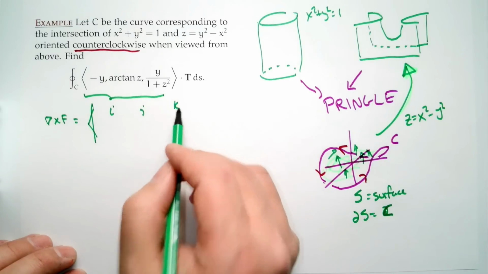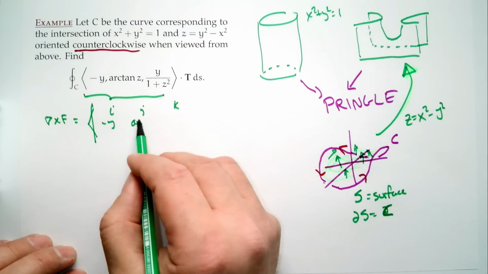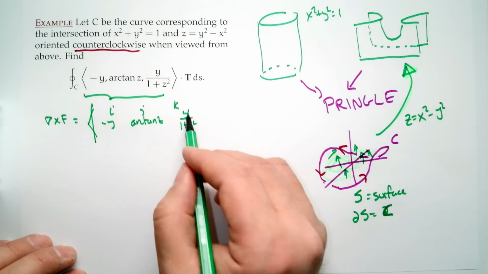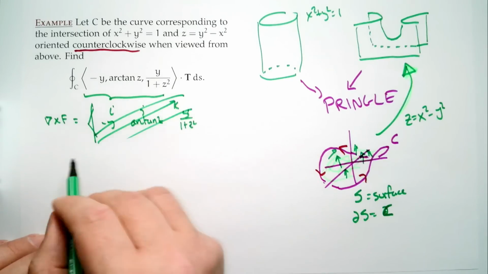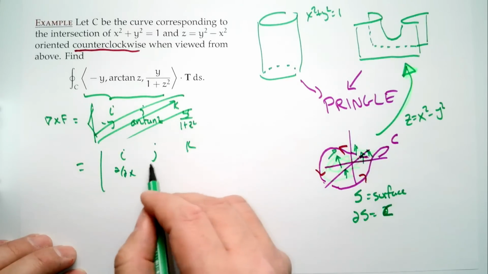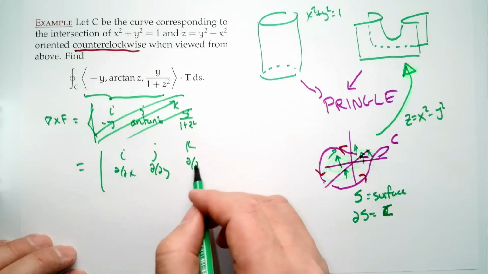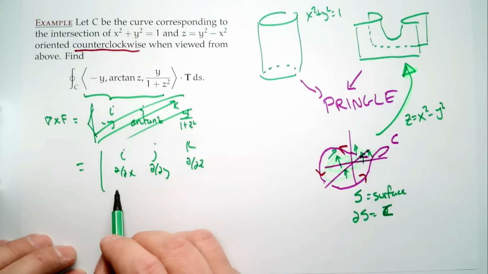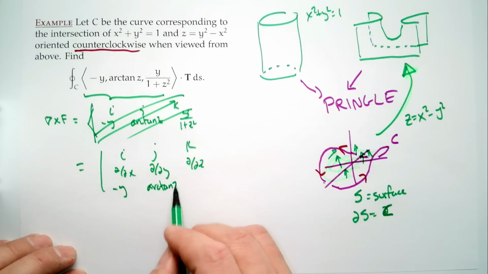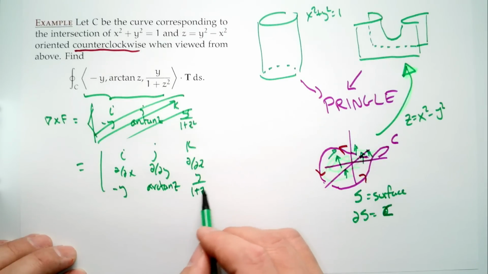So del cross F, and let's hope something beautiful happens. i, j, k, partial x, partial y, partial z, and then we have minus y, arctangent of z, y over 1 plus z squared. There we go.